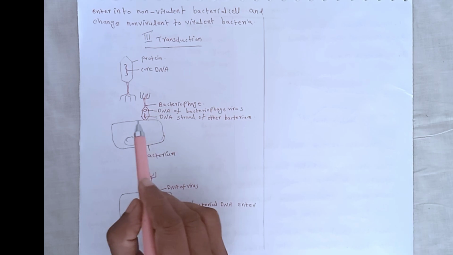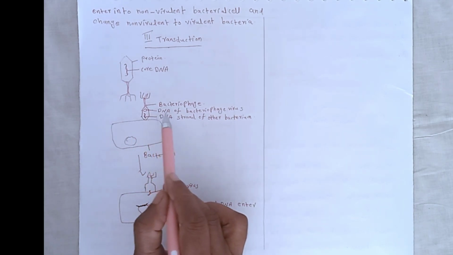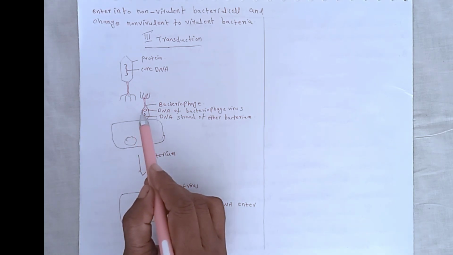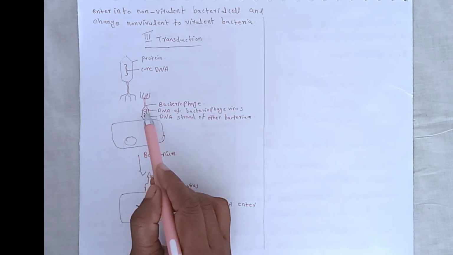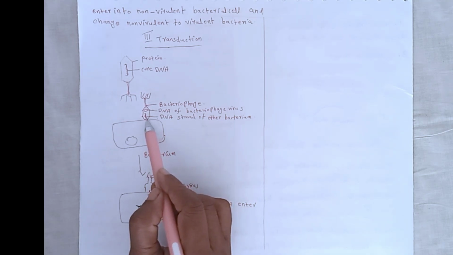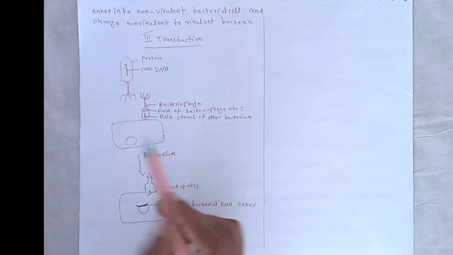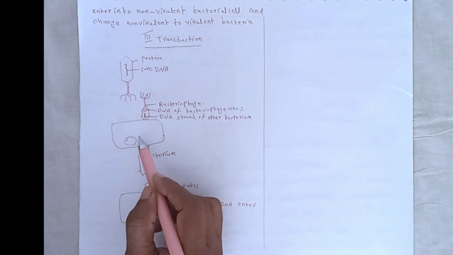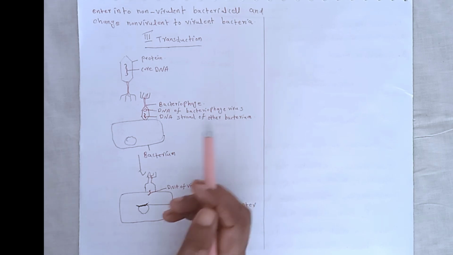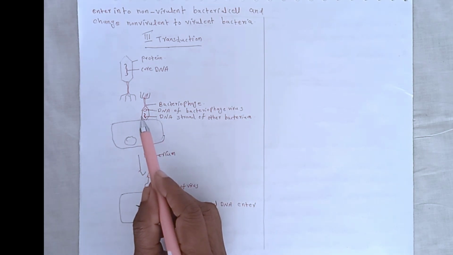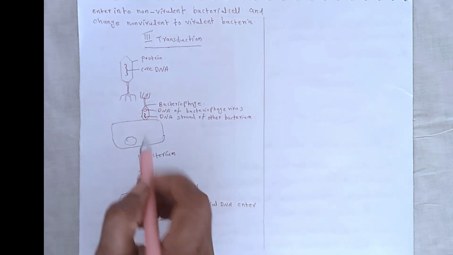Now here is the bacteriophage. This is the DNA of bacterium. This DNA is the natural part of bacterial phage. Then this is the DNA strand of another bacterium that need to enter into the other bacterial cell. We need to enter this other bacterial strand to this bacterial cell.